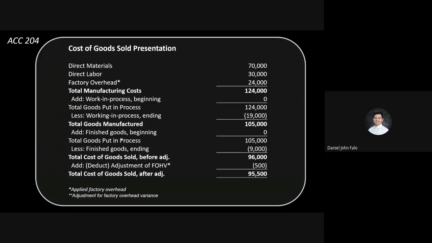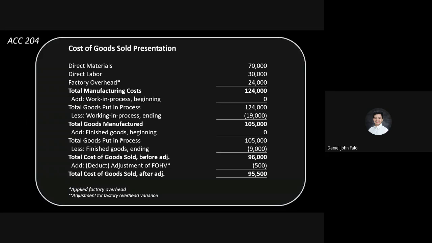Total manufacturing cost, 120,000. The work in process beginning is zero because it is the first operation of the business. So there's no beginning inventory. So less work in process ending, 19,000. Therefore, the total cost of goods manufactured is 105,000.